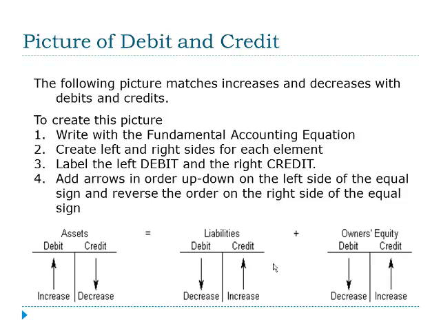And for owner's equity, it means a decrease, draw a down arrow. And you see that the change in those arrows happens when we cross the equal sign of the fundamental accounting equation. So this can be an easy graphic for you to draw and to remember, to refer to keep track of the definitions of debit and credit.